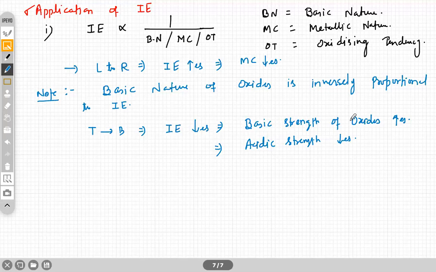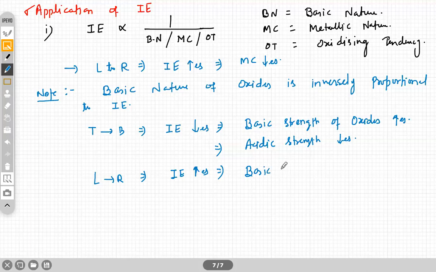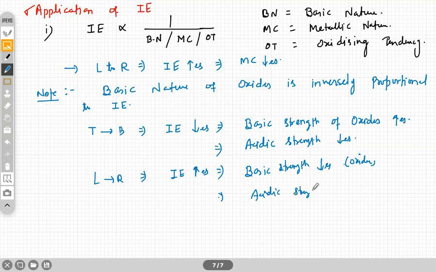Similarly, left to right if you go, we know ionization energy increases, and when ionization energy increases, basic strength of oxides decreases, and when basic strength decreases, the acidic strength of oxides increases.